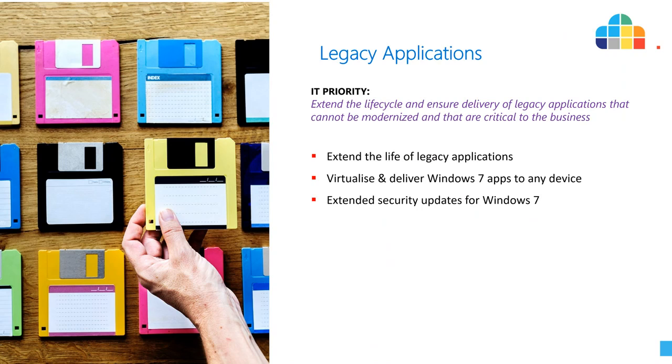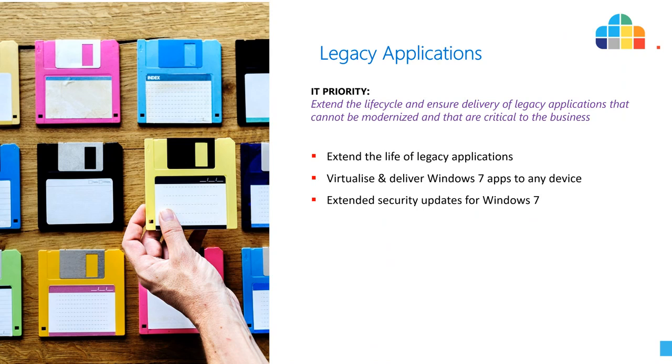So what you can do is extend the life of these applications by virtualizing them and delivering them using Windows Virtual Desktop. That could be from a Windows 7 machine, or it could be from Windows Server 2012. With Windows 7, people will know that security updates are no longer available.